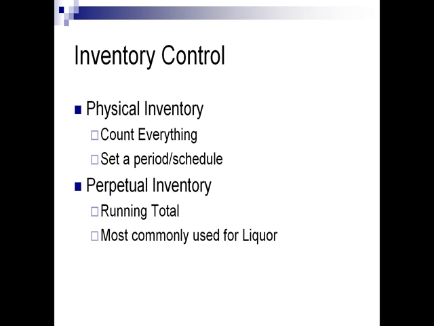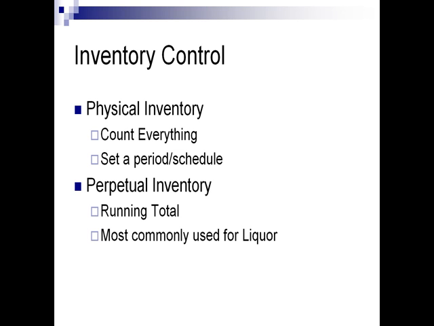So we do a perpetual inventory. Basically what happens is Monday morning, when we're doing our physical inventory, we count everything. We have a little log sheet that we hang in the liquor closet. On Monday, it'll have the number of each bottle that we have in that closet.